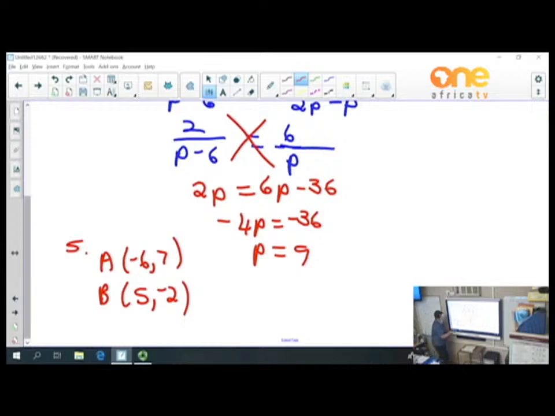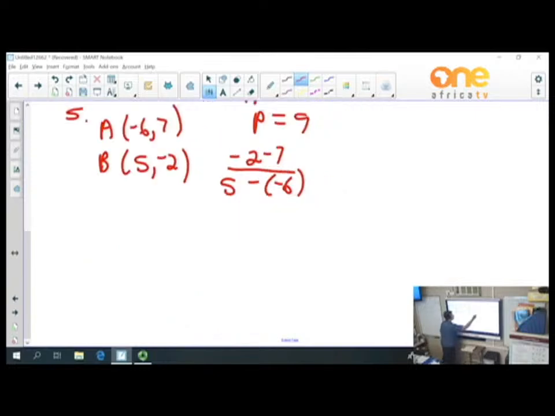So the gradient here is then going to be negative 2 minus 7 over 5 minus negative 6. Okay, so Chris, the gradient? Negative 9 over 11. And then they say it intersects the y-axis at the point C. Find the coordinates of C.